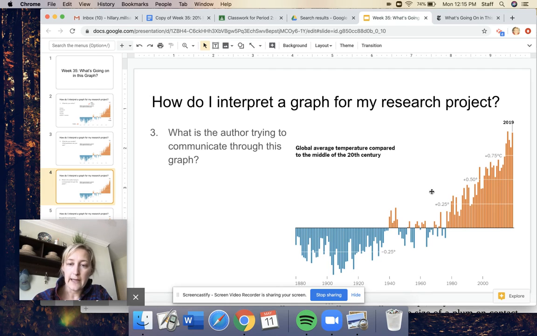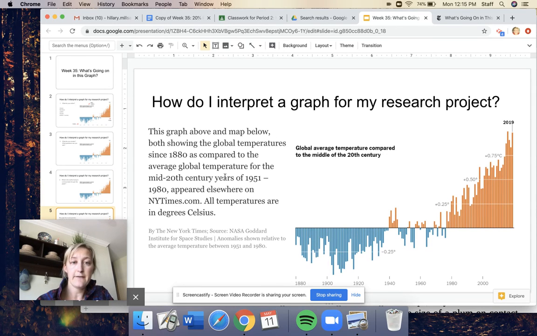I'm wondering if I could find more information about how the planet's population grew in relationship to these numbers. Like, I wonder if there is a huge increase at the same time or if the trend looks the same, because that would prove, or at least sort of prove, my theory that this increase is directly relevant to humans. And the very last thing I'm going to tell you is to always read the information around your graph.